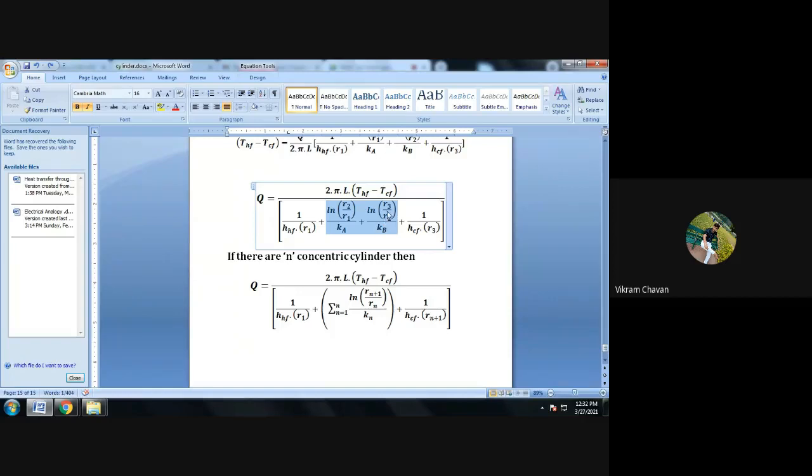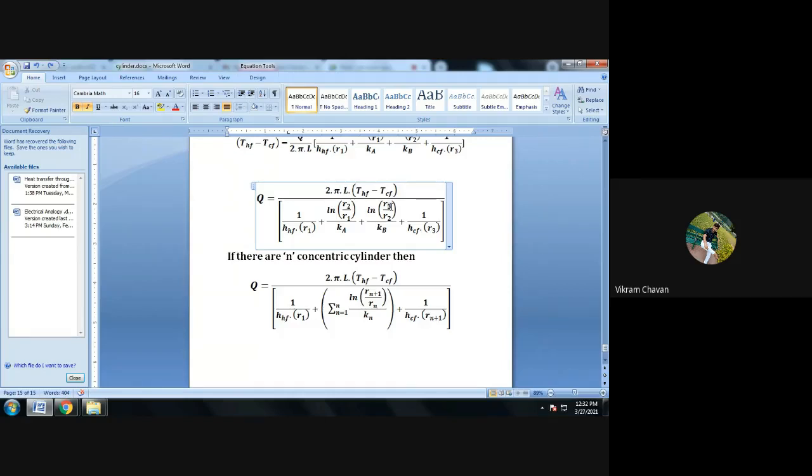Okay, and what is the final radius here? It is R3. Similarly, if you consider 5 cylinders, then the final radius will be R6. If there are 7 cylinders, then the final radius will be R7.